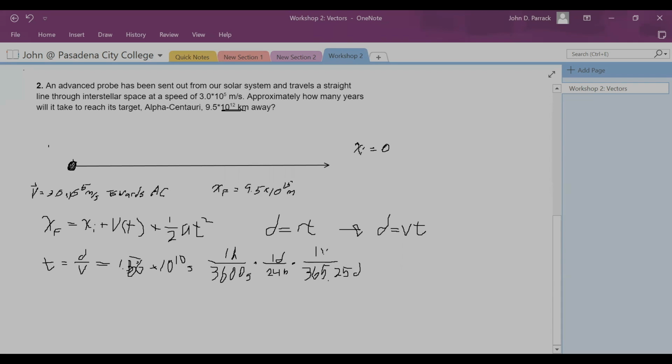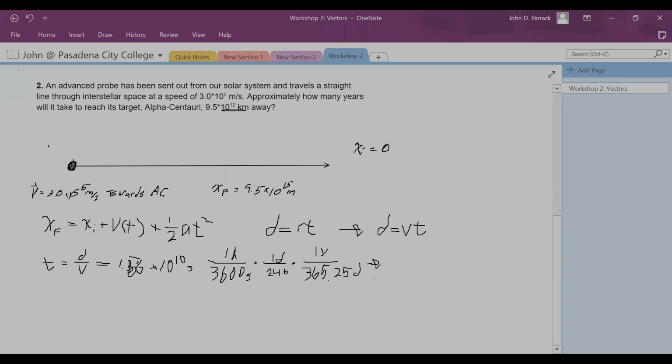Why did I say 0.25? Because of leap year, once every 4 years. If you don't include that, it's probably okay. You're going to get pretty close. Sometimes people account for leap years, sometimes they don't. Nonetheless, we're just going to punch this into the calculator and we should come out with years.